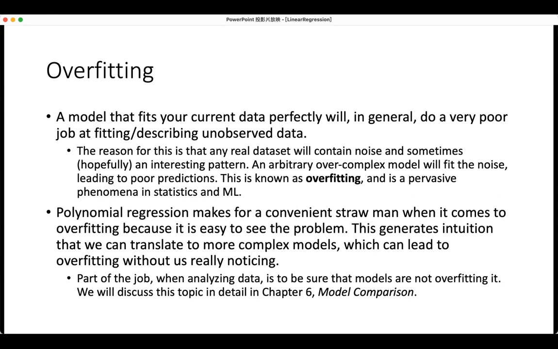This generates intuitions that we can translate to more complex models, which can lead to overfitting without being noticed. Again, Chapter 6 will talk about this, but I'm not sure if we can cover that in this class. So for now, let's assume you will check it out in the future.